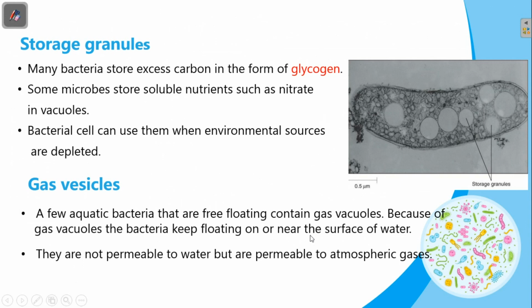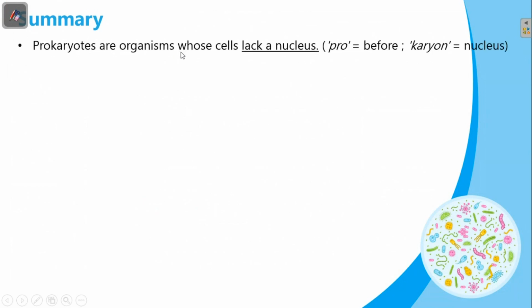A few aquatic, free-floating bacteria contain gas vacuoles. Because of these vacuoles, bacteria keep floating on the surface of water. They are not permeable to water but are permeable to atmospheric gases. An example is Halobacterium.